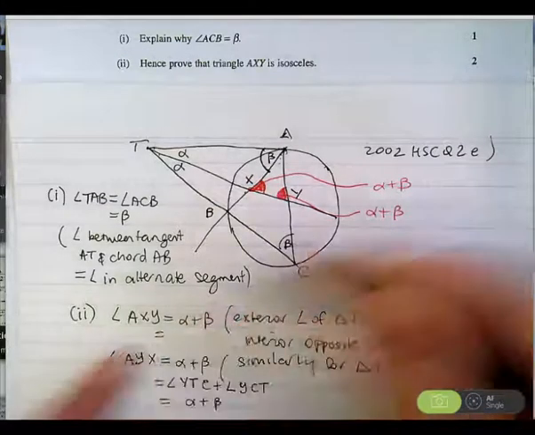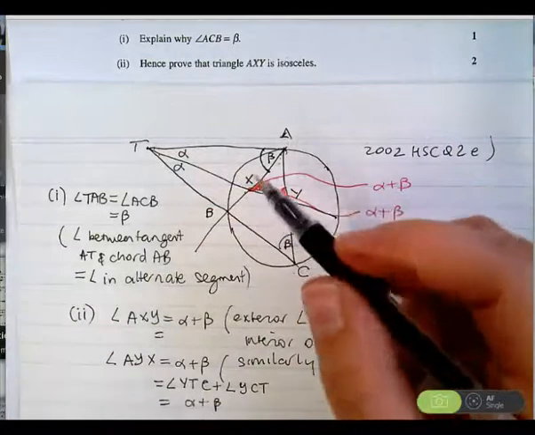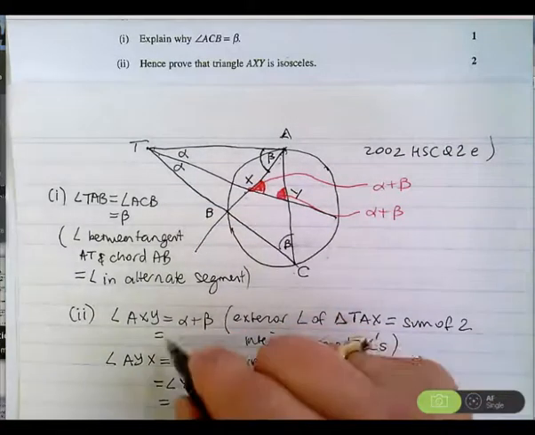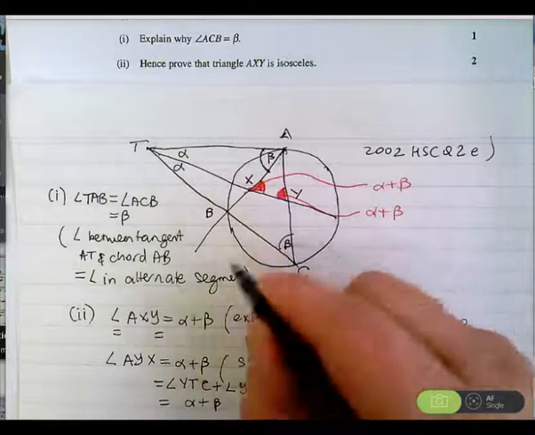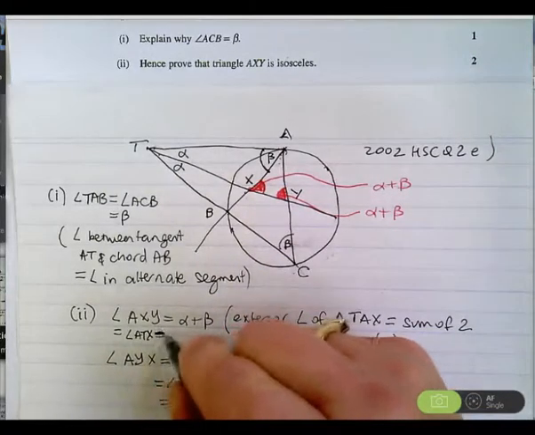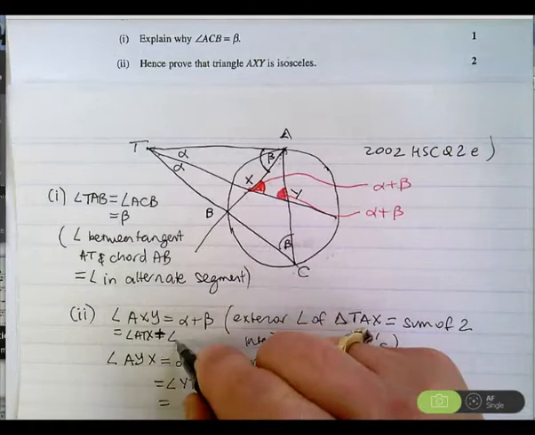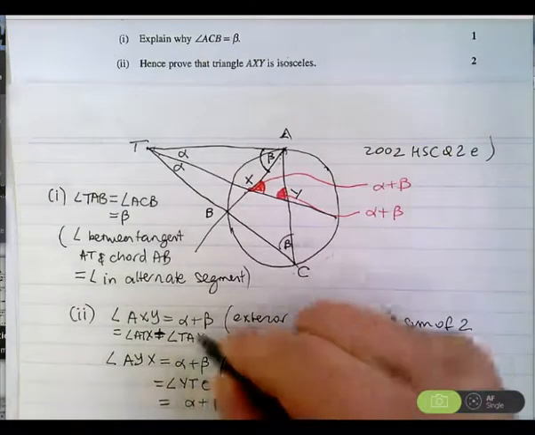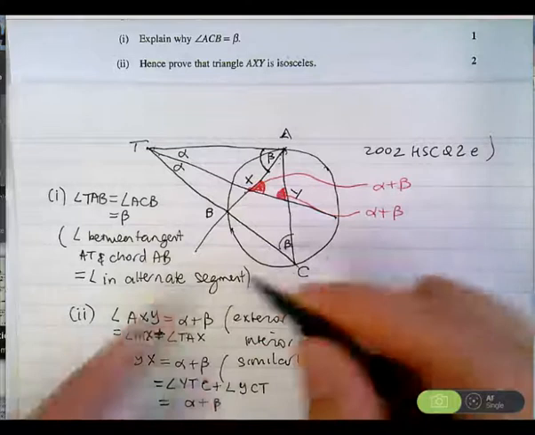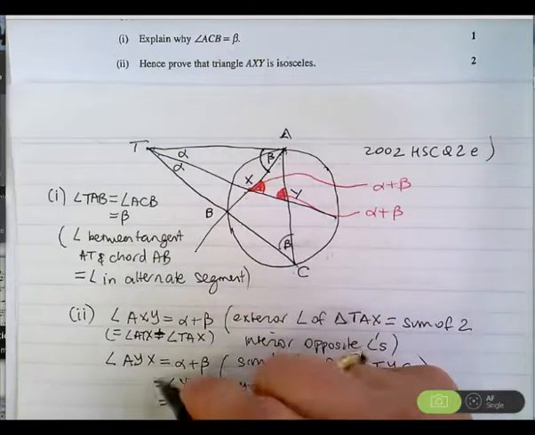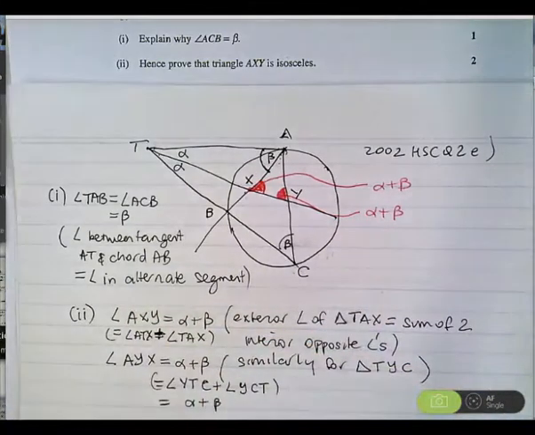And similarly up here, rather than saying alpha plus beta because it's a bit ambiguous, I should say that angle AXY is equal to angle ATX plus angle TAX, and then go back up to say which is alpha plus beta. Do you know what I'm saying? Got the idea?